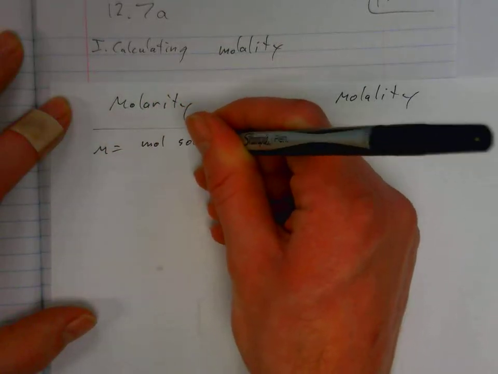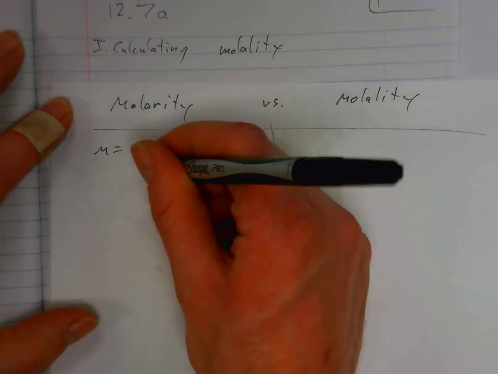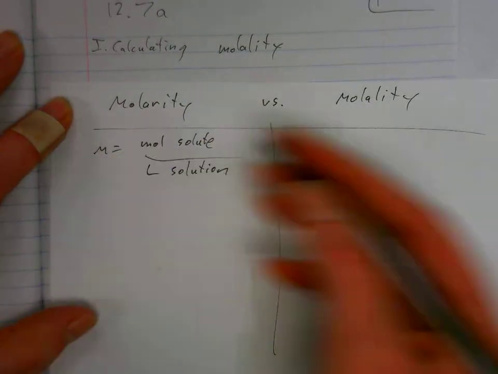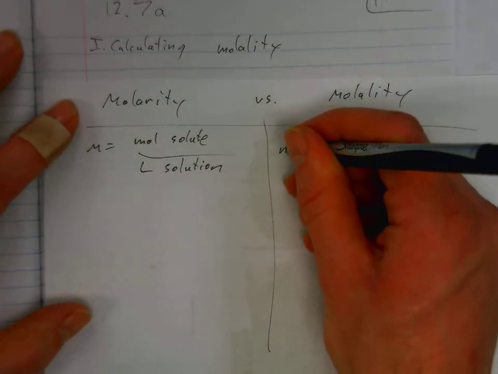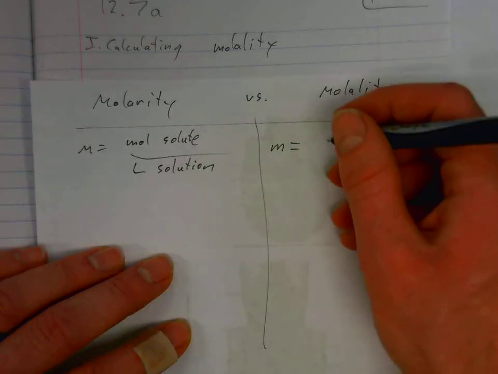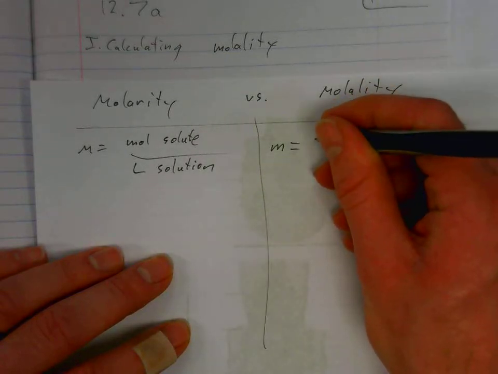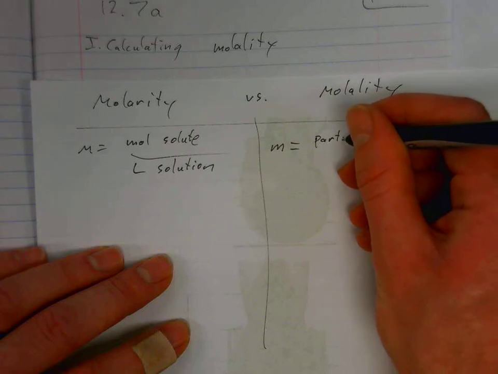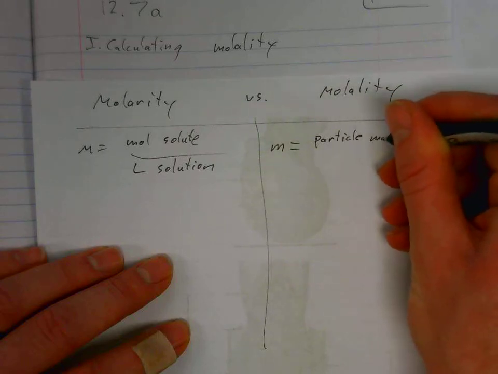Molality, shown with the lowercase m, is found by dividing the particle moles of solute divided by the kilograms of solvent.